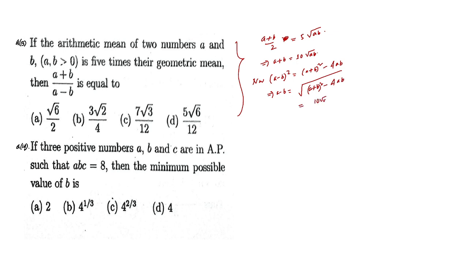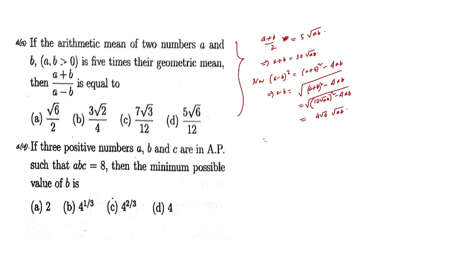So 10 root AB whole square minus 4AB, that means root 96 AB, which is 4 root 6 root AB.